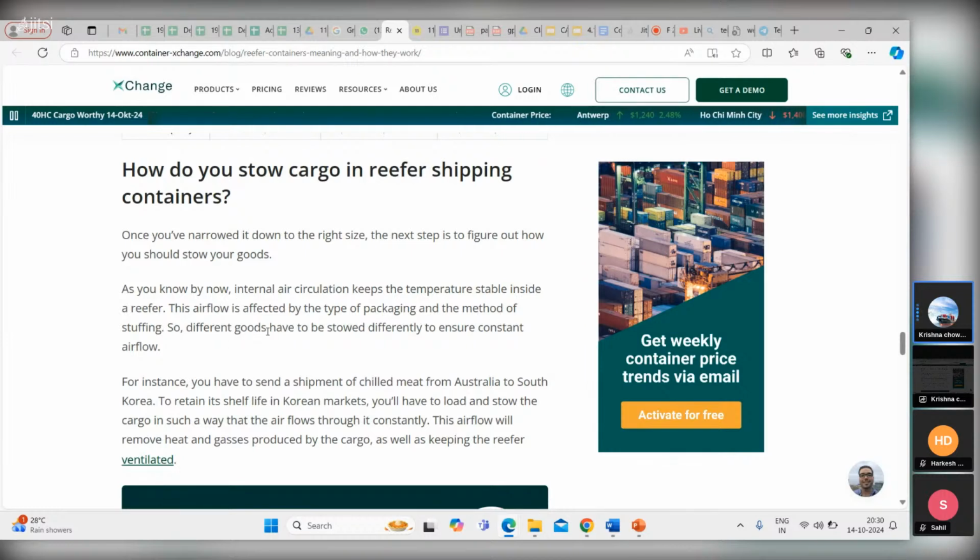So different goods have to be stored differently to ensure constant airflow. If you have to send a shipment of chilled meat from Australia to South Korea, to retain its shelf life in the Korean market, you'll have to load and store the cargo in such a way that the air flows through it constantly. This airflow will remove heat and gases produced by the cargo as well as keep the reefer ventilated.